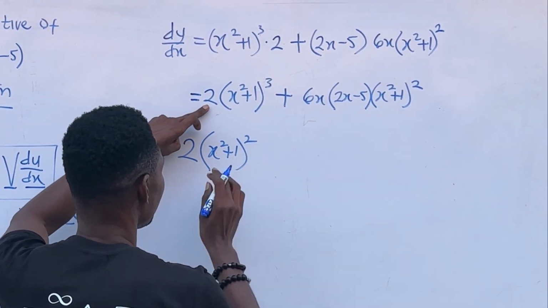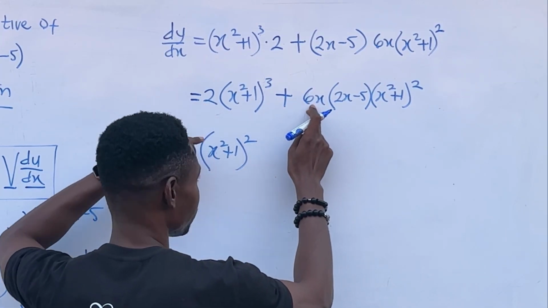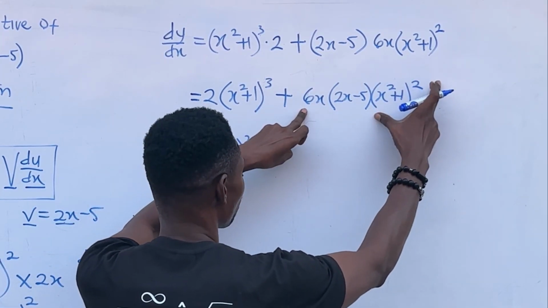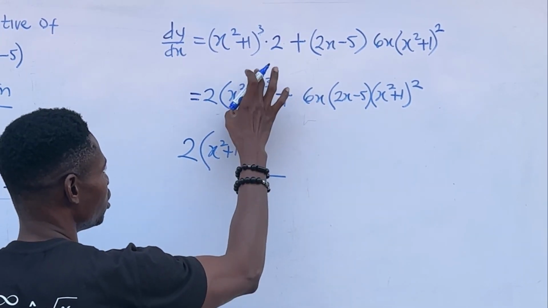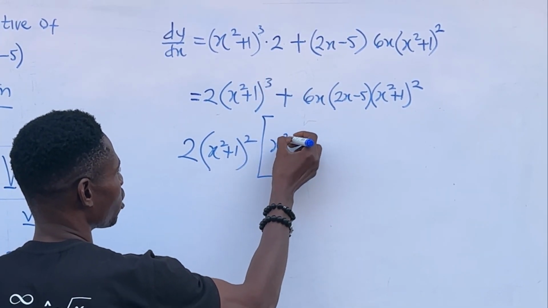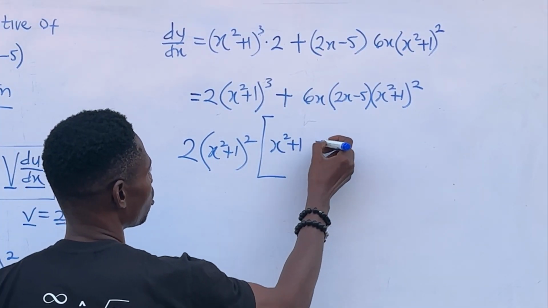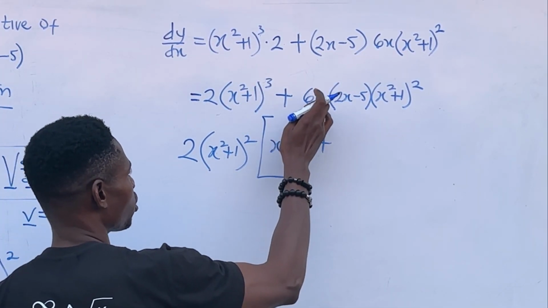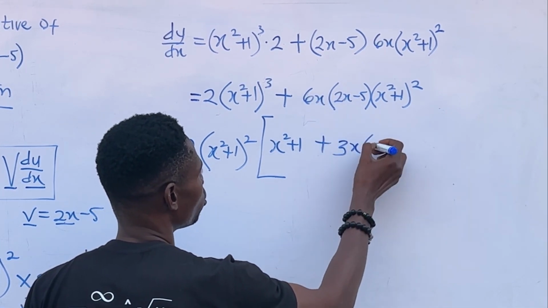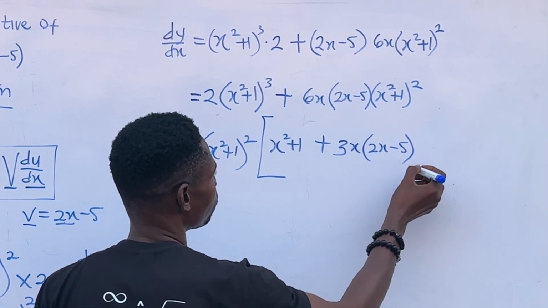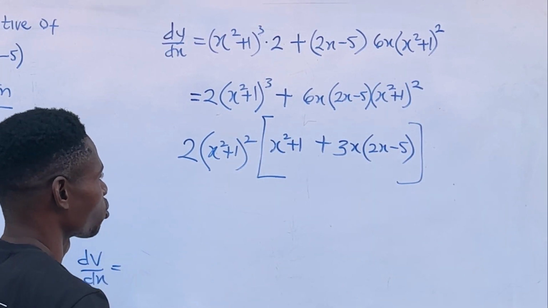What we have left is the remaining (x squared plus 1) from the cube, plus, remembering 2 in 6 is already 3, we have 3x into (2x minus 5).